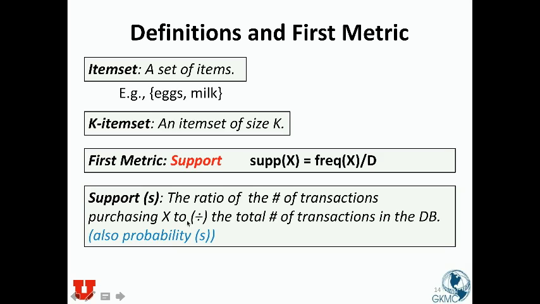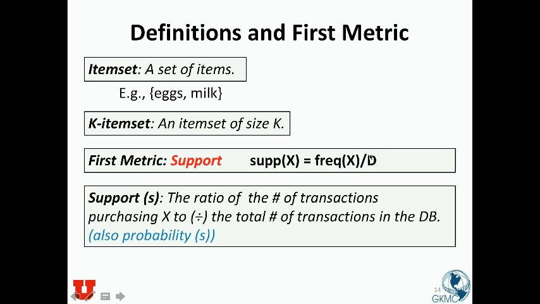The definition of this is the ratio of the transactions that contain X, where X is an item set, like the support of a rule X or item set X. The support is the ratio of the number of transactions that contain items in X to the total number of transactions in the database.